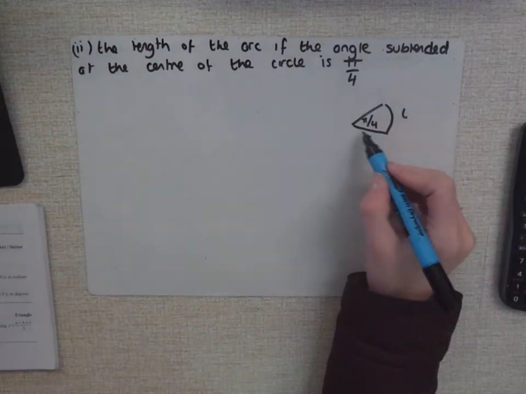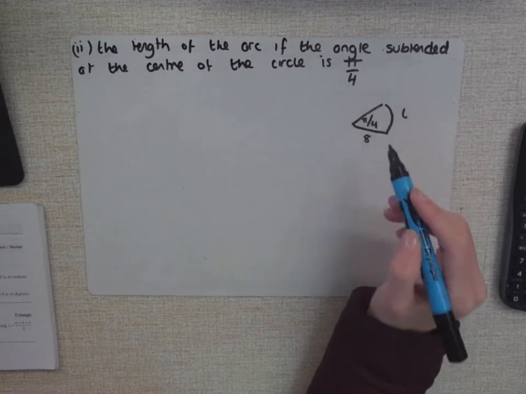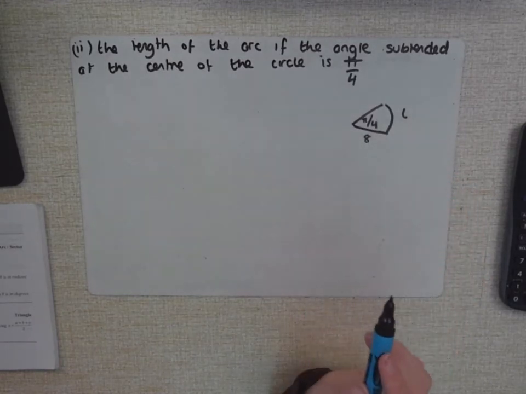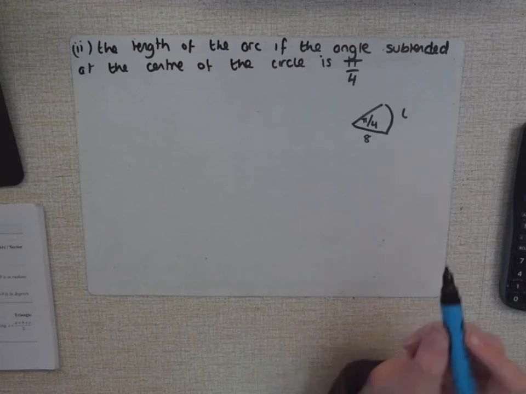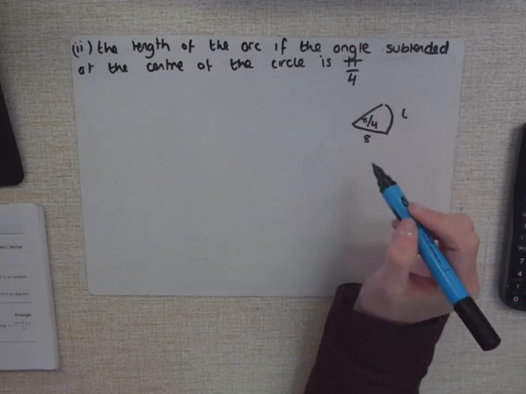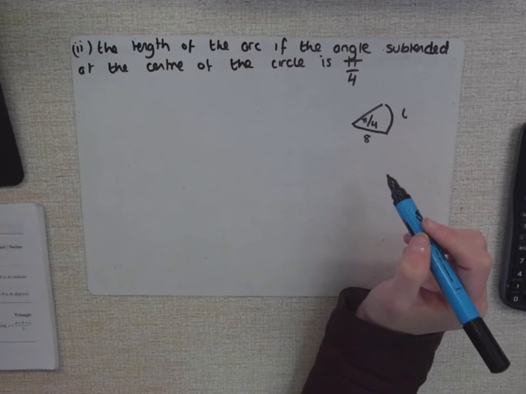Okay, so again my radius is 8, but this time they're giving me the angle, which is pi over 4. They gave me the angle in radians, so I'm just going to use that formula.